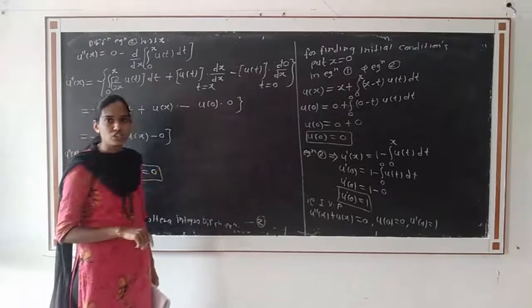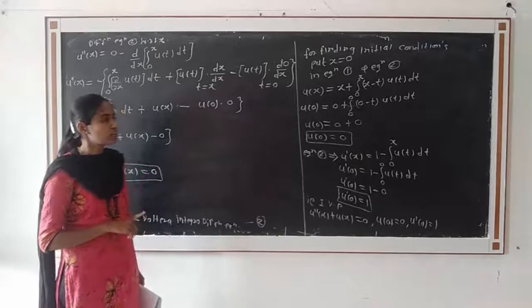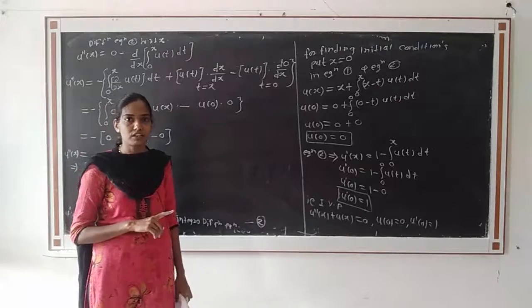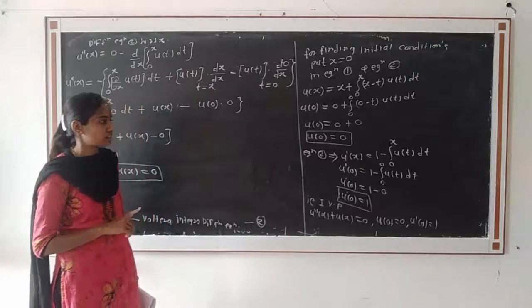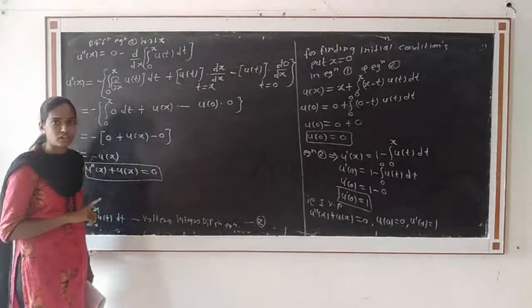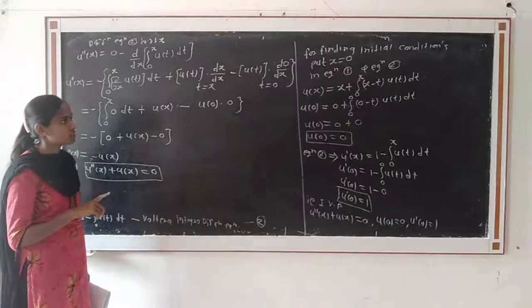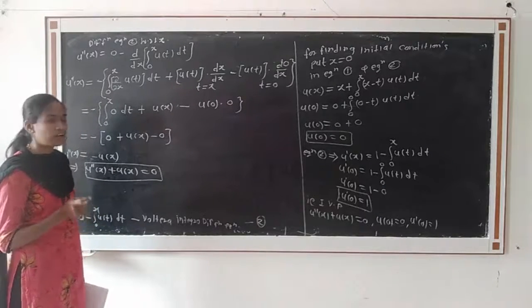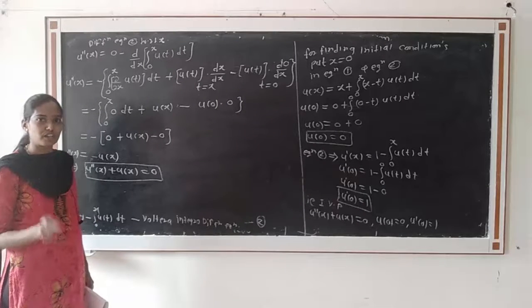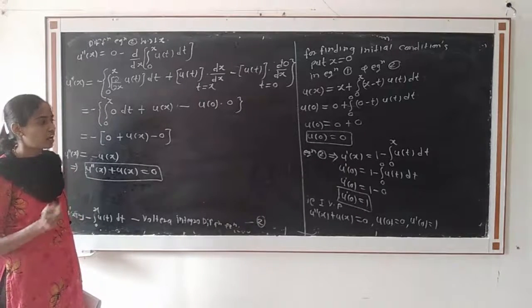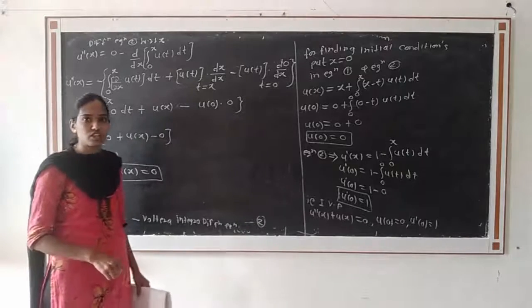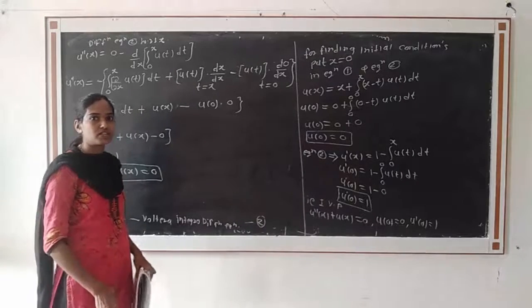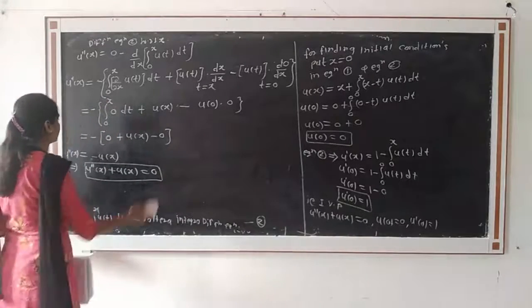Then we get the two initial conditions. This is the easy method for converting any Volterra equation or Volterra integral differential equation to an ODE, and also we find the initial conditions. Then we see the next example.